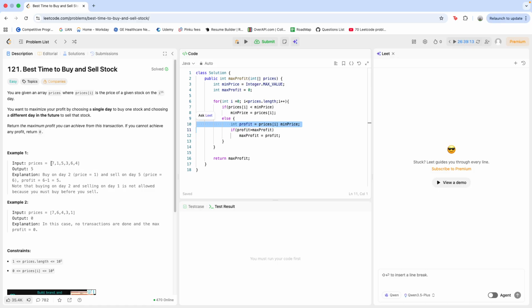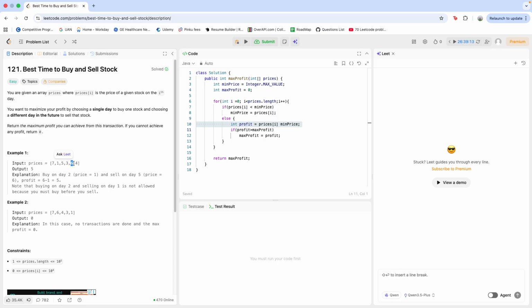So we'll do a dry run of this. We'll take the example 7, 1, 5, 3, 6, 4. Step by step, the first minimum price would be 7. After that the minimum price would be 1, and the profit would be 4, and then the profit would be 6 minus 1, which makes our maximum profit 5 here.